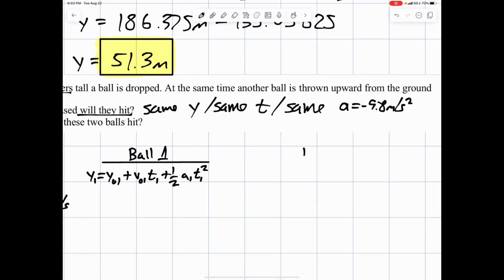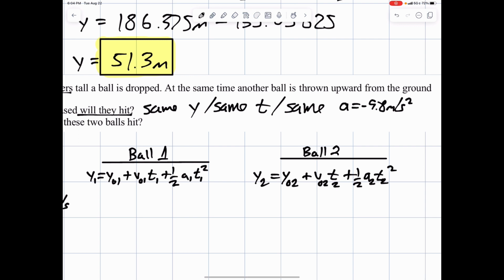The same equation satisfies ball 2, but with different initial conditions. So y2 would equal y naught 2 plus v naught 2 t2 plus 1 half a2 t2 squared. Okay, now let's figure out what these initial quantities are.